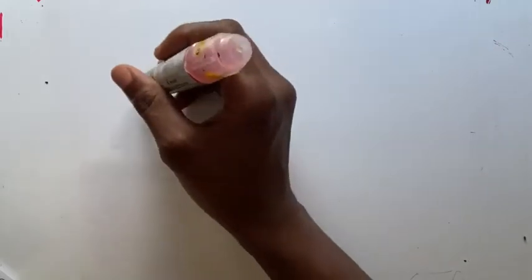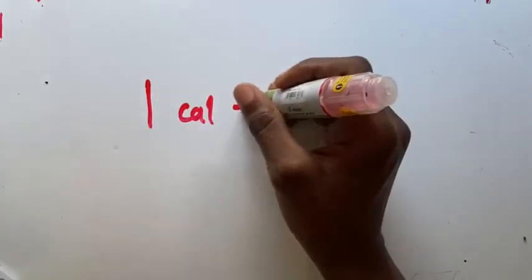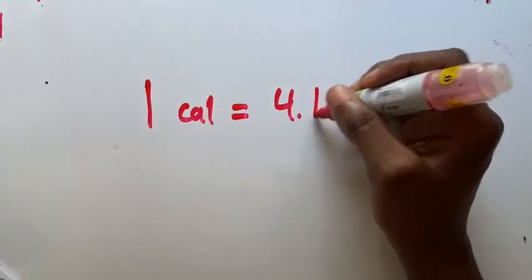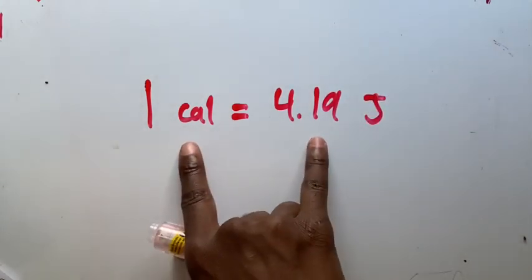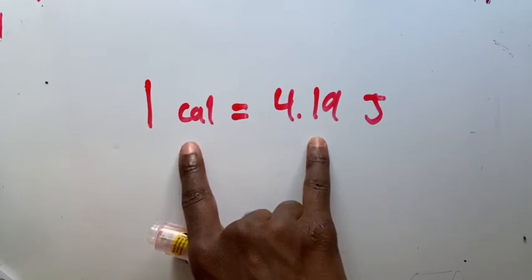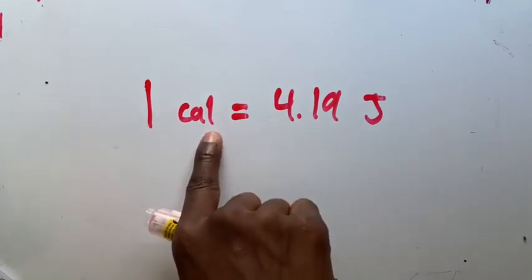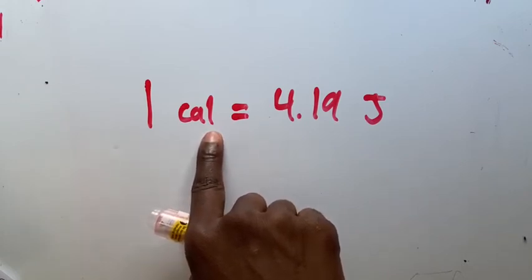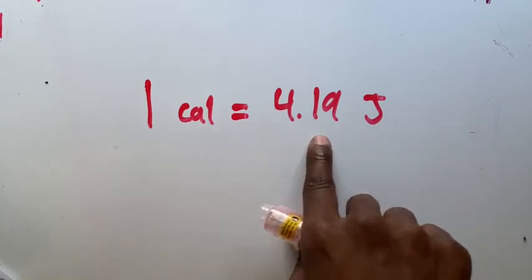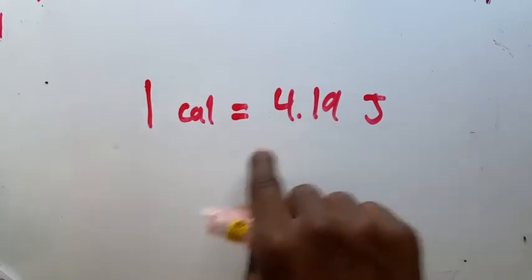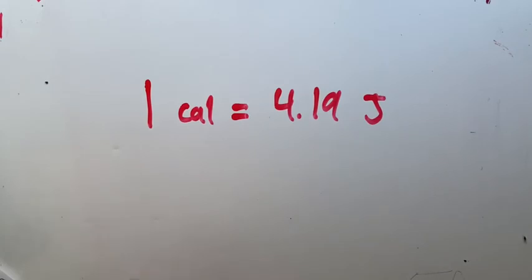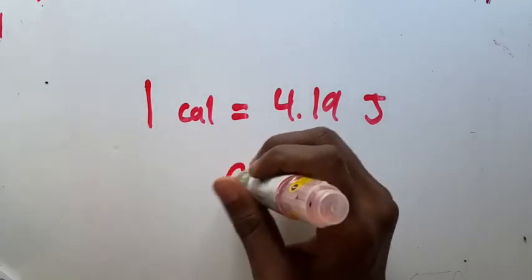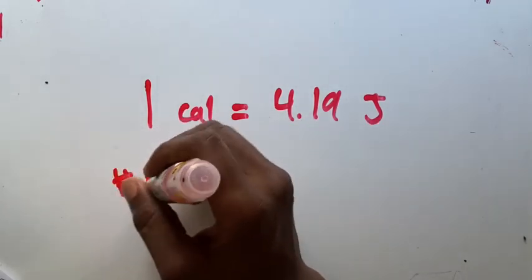Well, since 1 calorie equals 4.19 joules, this basically means if we heat some water by 1 calorie, that's the same as heating some water by 4.19 joules. Just different units, but these do the same thing. So the answer is going to be C for number 24.